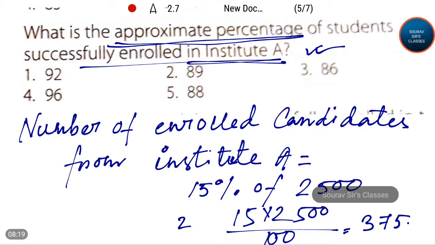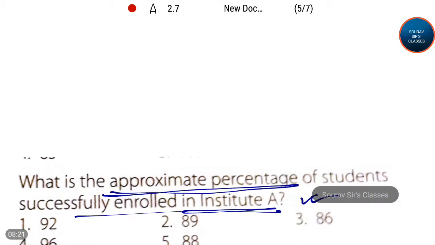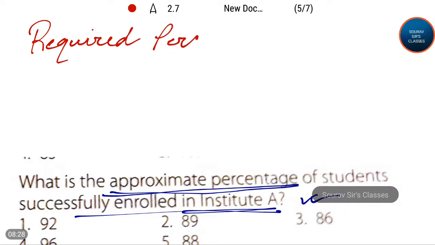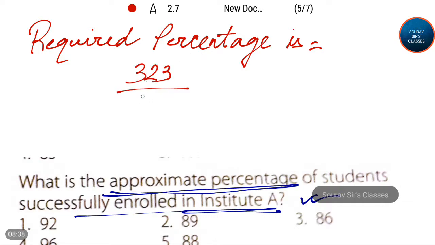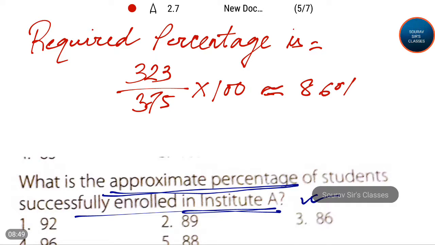So now the required percentage is equal to 323 divided by 375 into 100, that is approximately 86%.